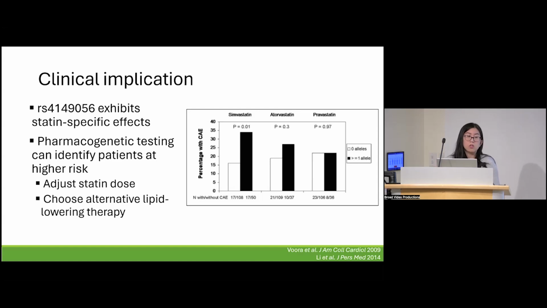And so what you can do is pharmacogenetic testing, looking at people who might have this variant. If they do, you could make some adjustments, either transitioning them to a statin where the variant isn't really impacting their risk of myopathy, or you can adjust the statin dose and use something that's lower, because there is a dose effect with the development of these side effects.